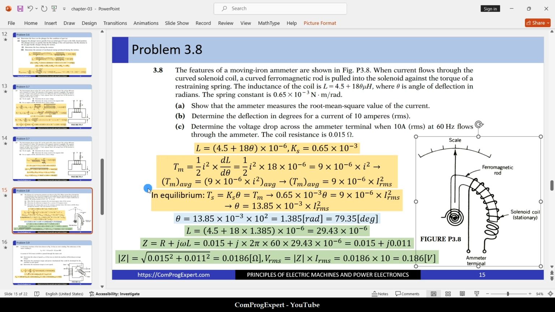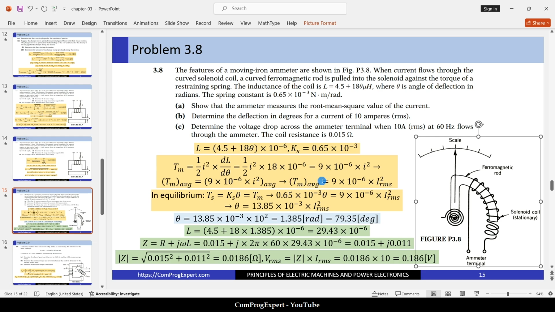What is the average value of the torque? The average value of the torque is the average value of this expression. Or actually, you know that the average value of this function, I to the power 2, we can write it in terms of its RMS value.